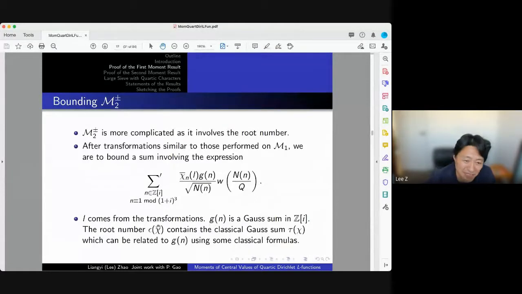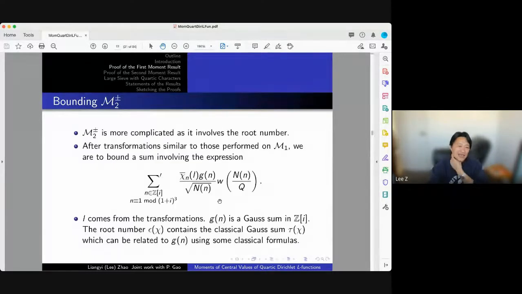Because epsilon chi was present in M2, this tau of chi is present in M2. Then this tau of chi is related to this g of n by classical formulas. So we end up with an expression like that.